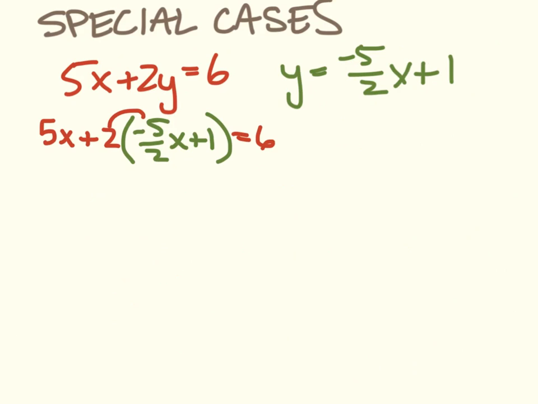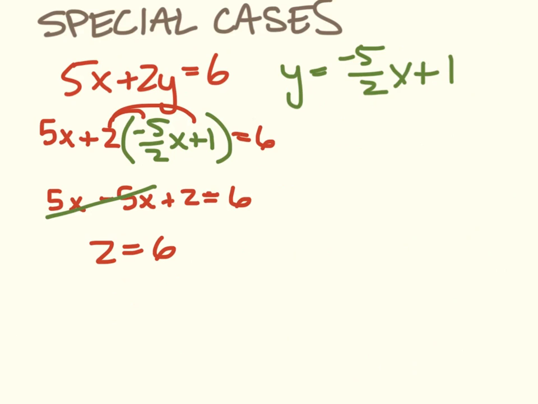Whenever we distribute the 2 here, we'd have 5x. These 2's, whenever you multiply, will just cancel, so you have minus 5x plus 2 equals 6. Well, hopefully you notice that 5x and minus 5x cancel, and I'm left with 2 equals 6, which is never true, right?